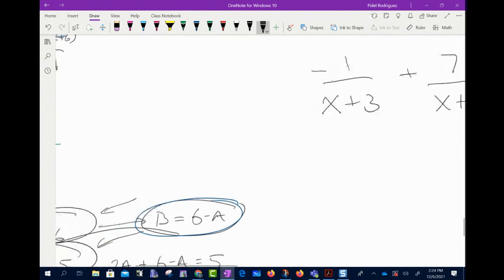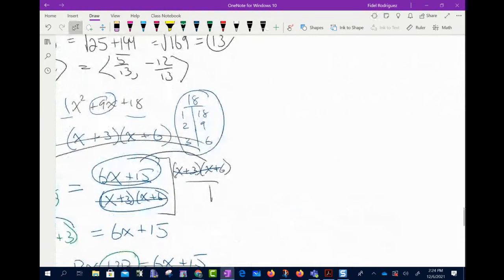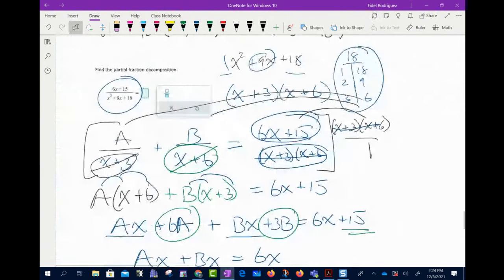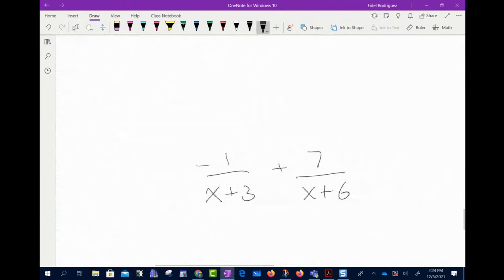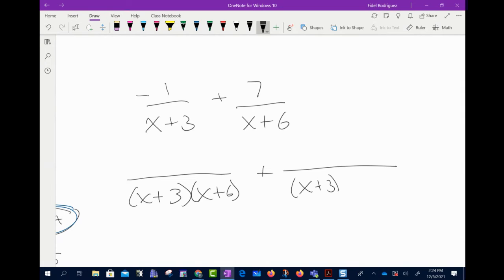When we add those together, y'all, what we should be ending up with is, yes, that's what we should be ending up with, right? So look, the way we can check it is, in order for us to add these two fractions together, we need a common denominator. This is my common denominator. Okay, now look, we already had a -1 here, we already had a 7 here. What did we put down here that we didn't have before?